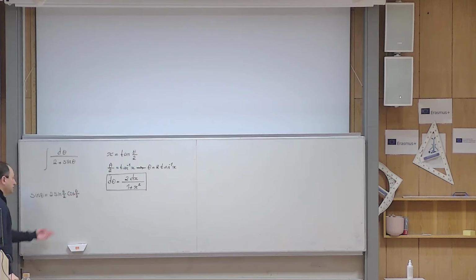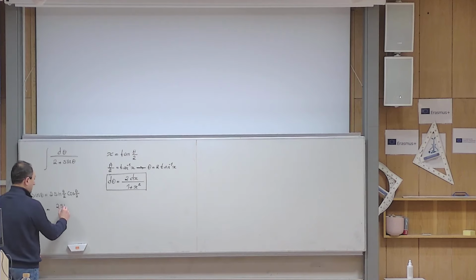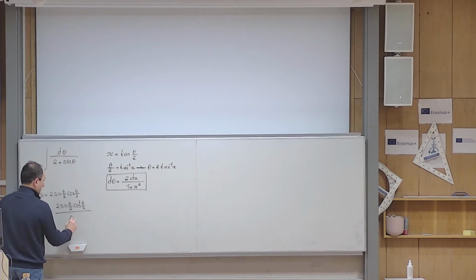This is the famous double angle formula. So this combination is sine of 2 times this angle, which is theta. And then I multiply this by cosine theta over 2 and divide by it. So it becomes 2 sine theta over 2 cosine squared theta over 2. To compensate for that change, I have to divide by cosine theta over 2 as well.